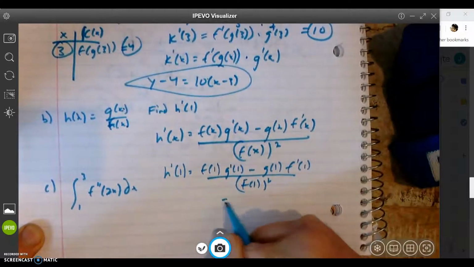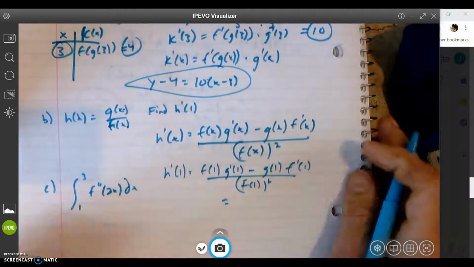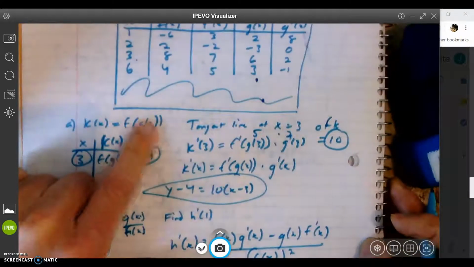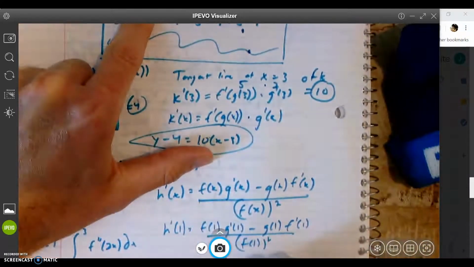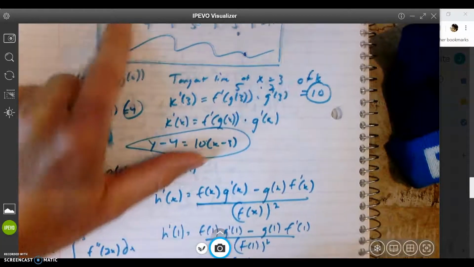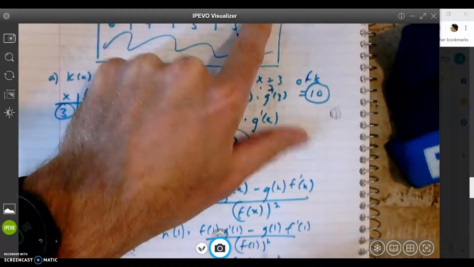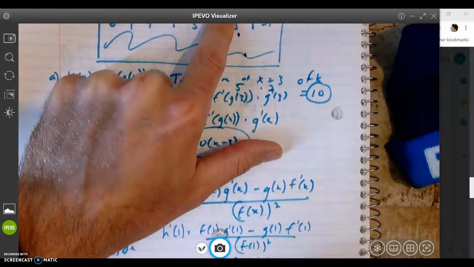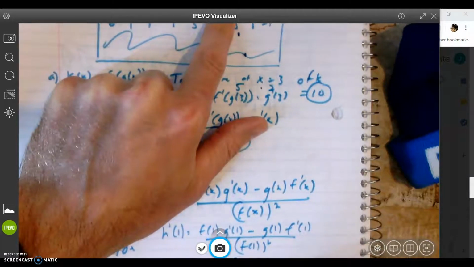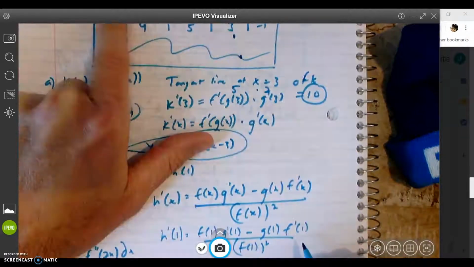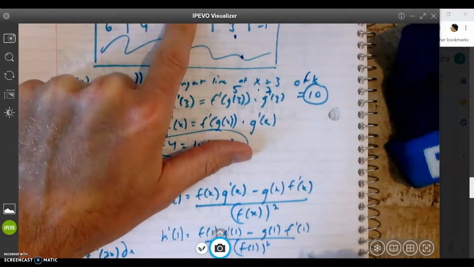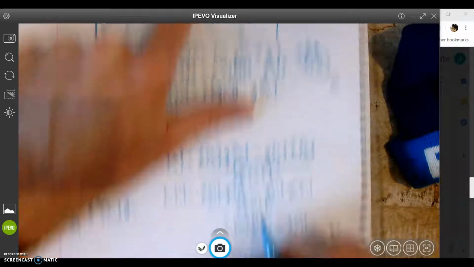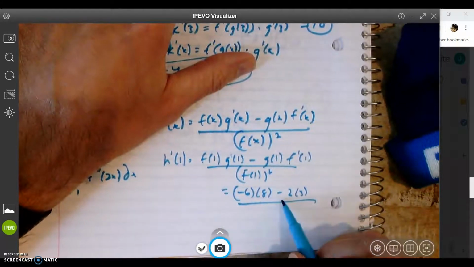So f of 1 is negative 6. G prime of 1 is 8, minus g of 1, which is 2, times f prime of 1, which is 3, over the square of what's below. Sorry, I can't say either of these, my bad.